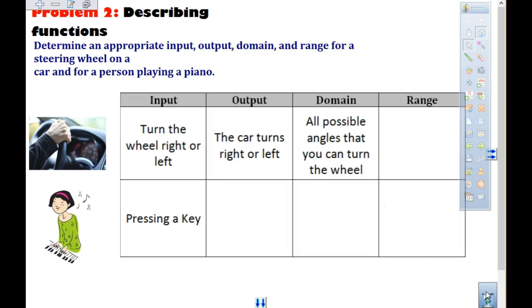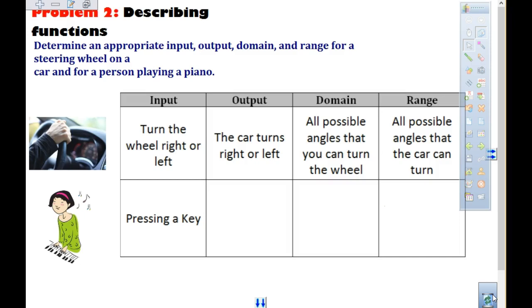But the domain is all possible angles. So you could go anywhere from 0 to 360. What is our range? The range will be all possible angles that the car could turn. So you'll notice that your range and your output are kind of the same. It's the turns, but this is all possible ones.